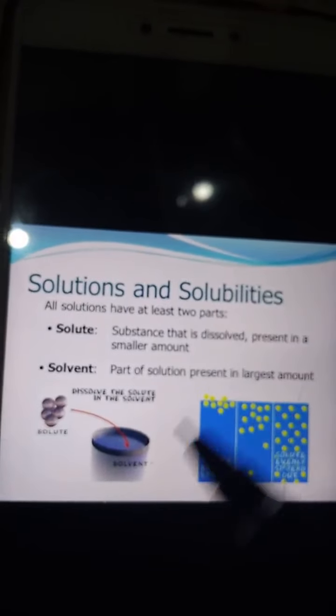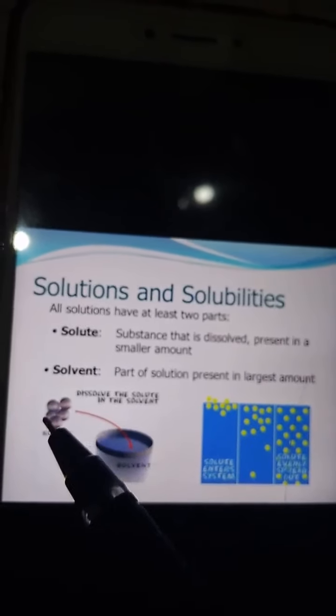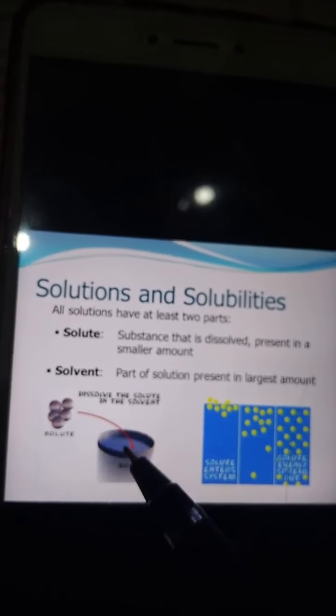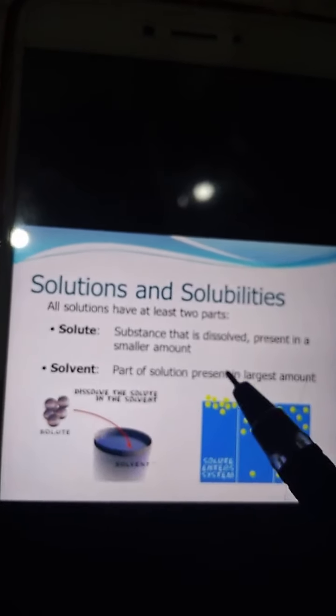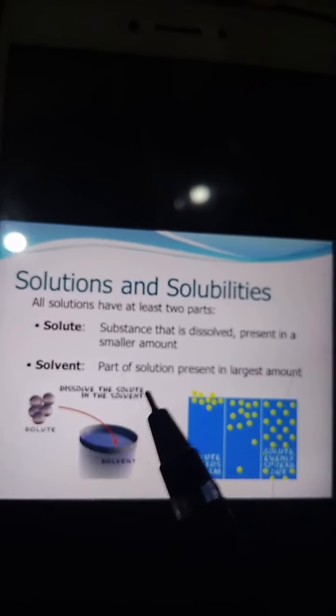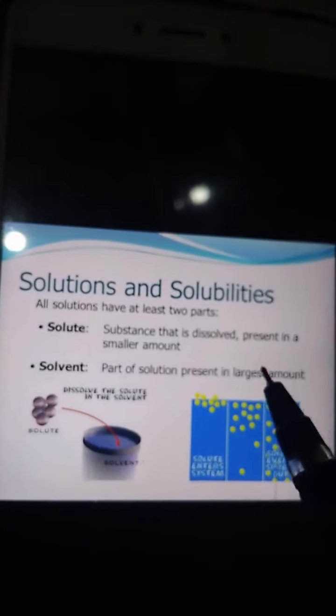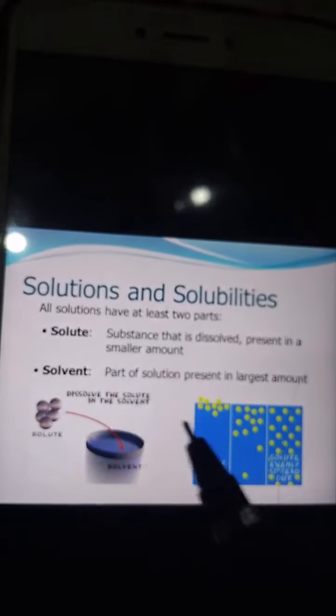For example, if we are preparing a sugar water solution, then we will take water and in water we will add the solute. And what is the solute here? Sugar in our example. Now let us understand what is solvent. Solvent is the part of the solution present in the largest amount, and in this we will dissolve the solute.